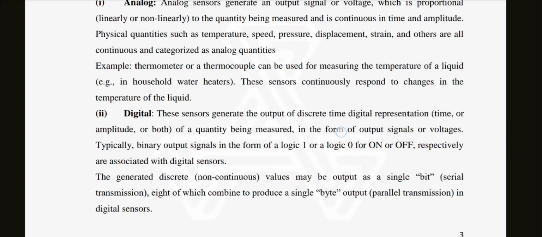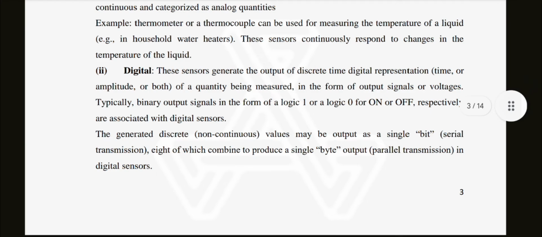The generated discrete, non-continuous values may be output as a single bit serial transmission, 8 of which combine to produce a single byte output, or as parallel transmission in digital sensors.